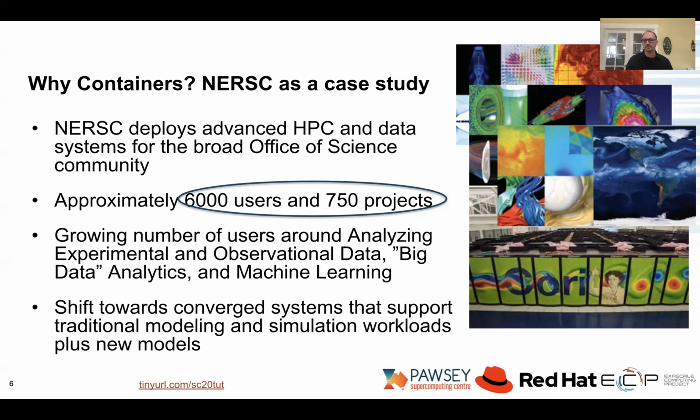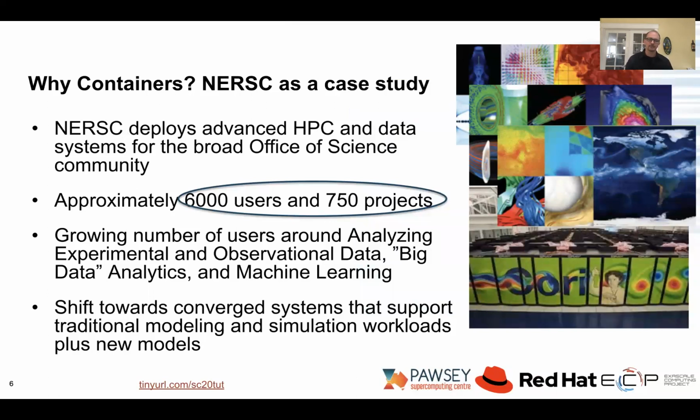NERSC is a production supercomputing center for the DOE Office of Science in the United States. We have close to, and this number might be a little low now, over 6,000 users and over 750 projects. While traditionally these have been modeling and simulation type workloads, we're increasingly seeing new types of use cases coming to our center.